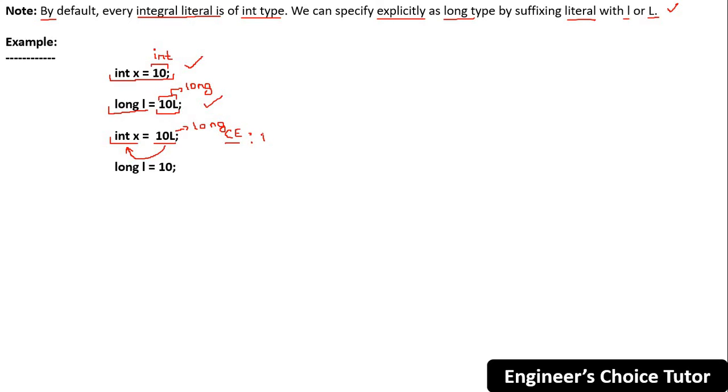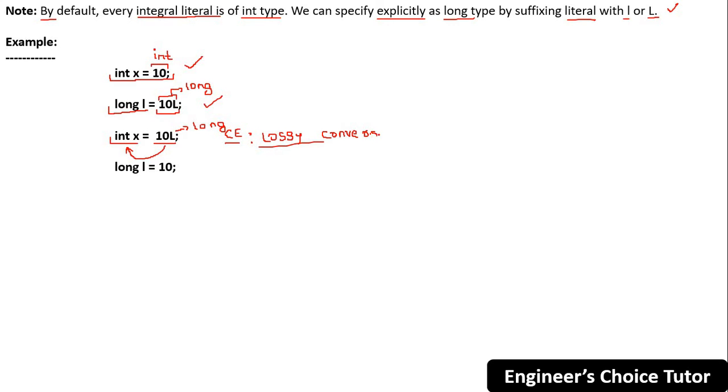You will get something like possible lossy conversion.